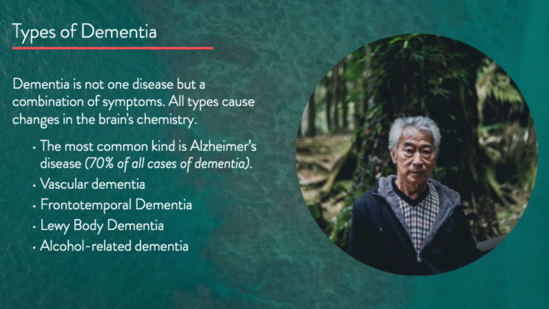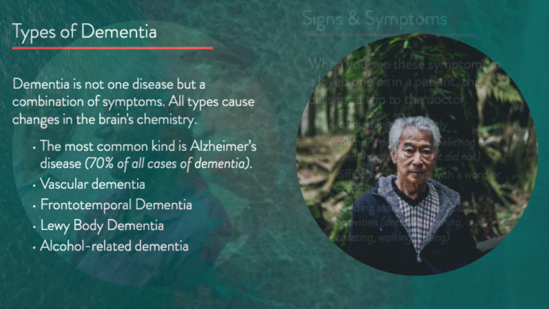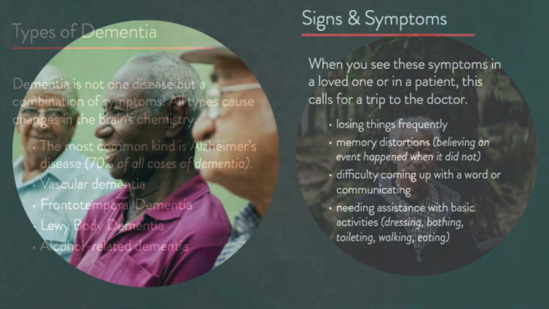Alcohol-related dementia is a less common cause of dementia, but may occur in those who have used alcohol excessively for many years. The brain changes that occur as a result of alcohol use may be reversible or permanent depending on the extent of the damage.